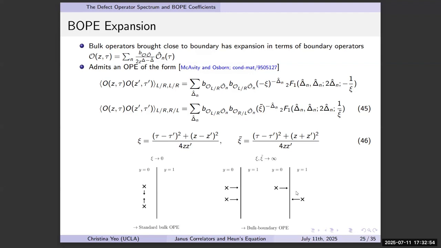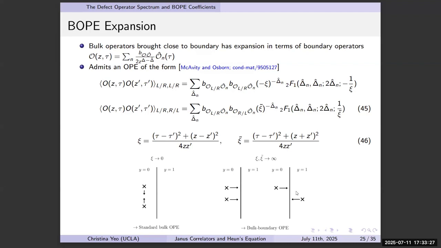And I'm going to define two different parameters: this cross ratio for the left-left and right-right correlators, and this cross ratio with the plus here instead of minus for the left-right correlators. When we take this psi goes to 0 limit, it just looks like a standard bulk OPE. But it's not possible for the left-left case, because there's the defect sitting in between the sources.